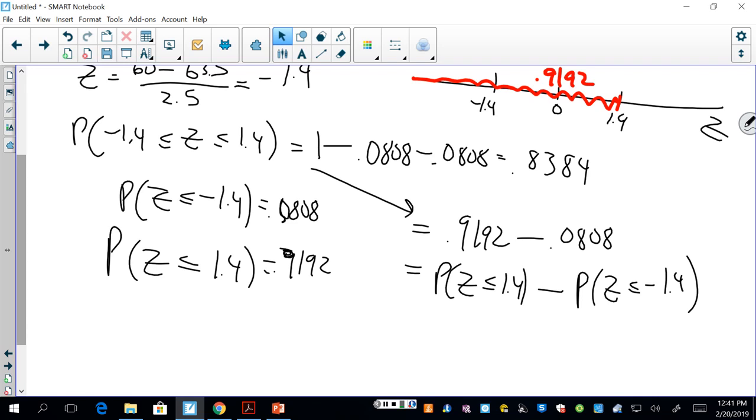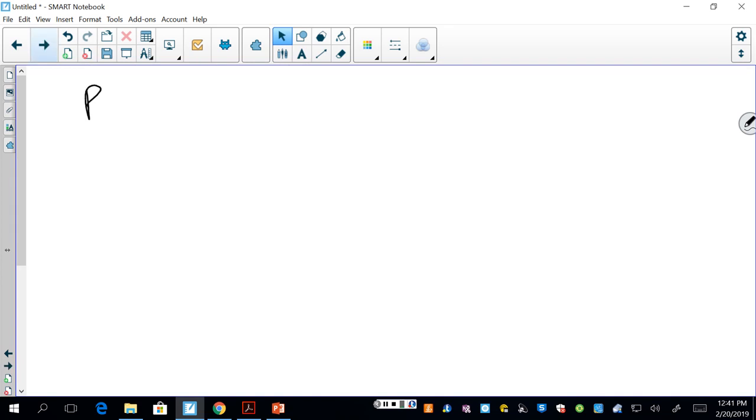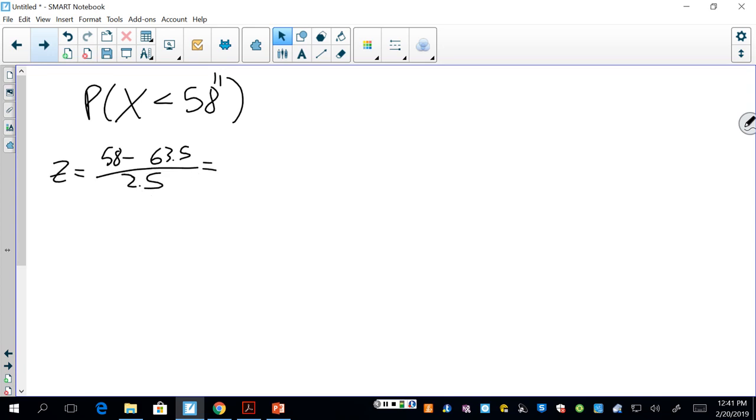So for the other questions, you follow much the same format. So less than 68 inches, and it can be less than 58 inches. 58 minus the 63.5 over 2.5 is the z-score. You subtract the mean, divide by the standard deviation.